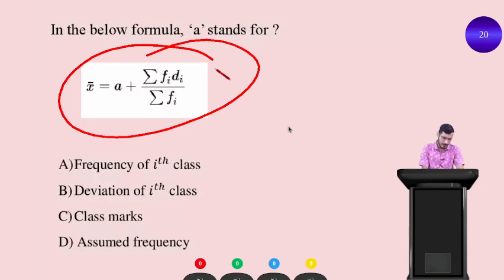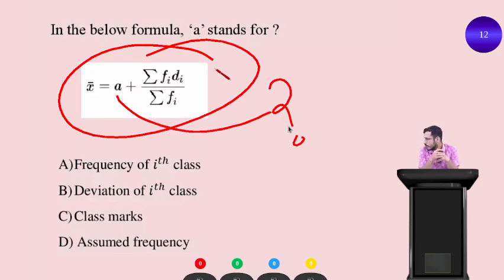What does a stand for? The options are: frequency of ith class, deviation of ith class, class marks, and assumed mean. Okay students, time's up. The right answer is option D here, assumed mean.